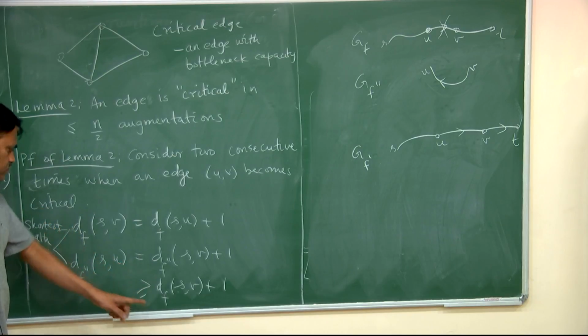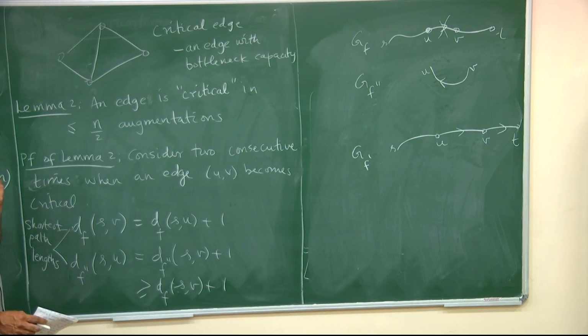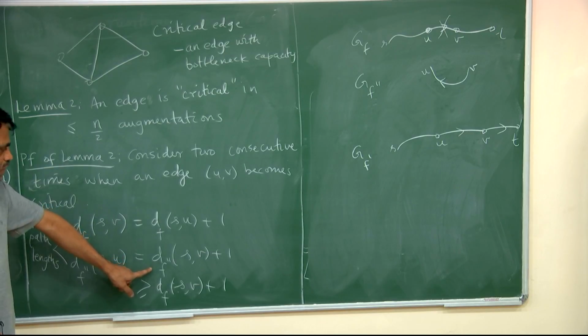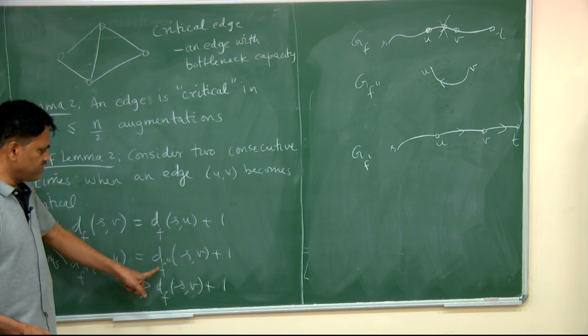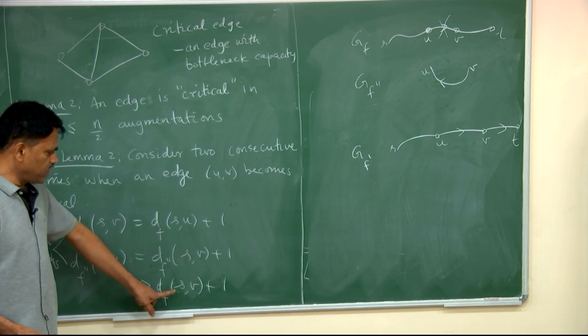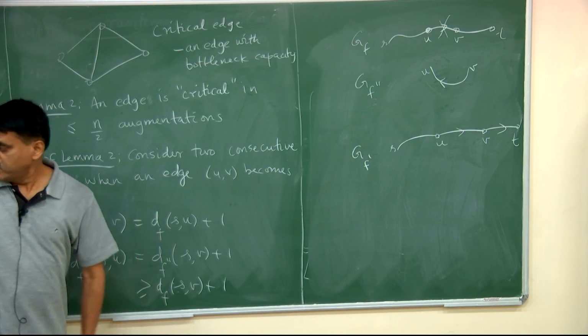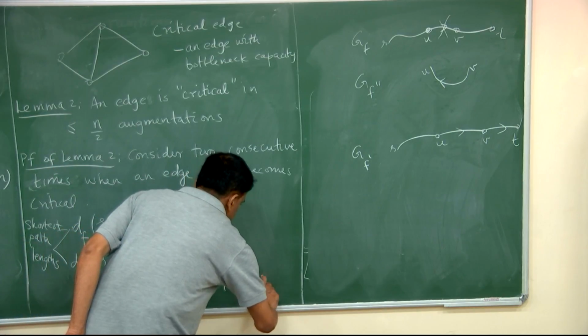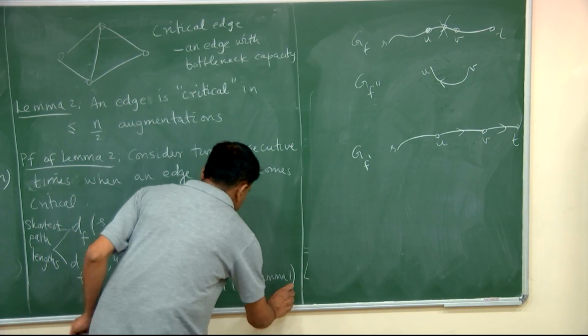Now, why is this true? In F double prime, the length of the path from S to V is greater than or equal to whatever it was from S to V, by lemma 1. The shortest paths are increasing.